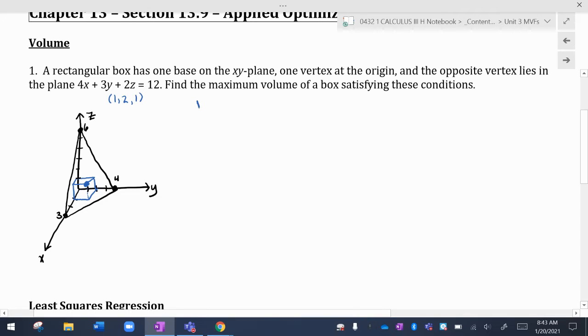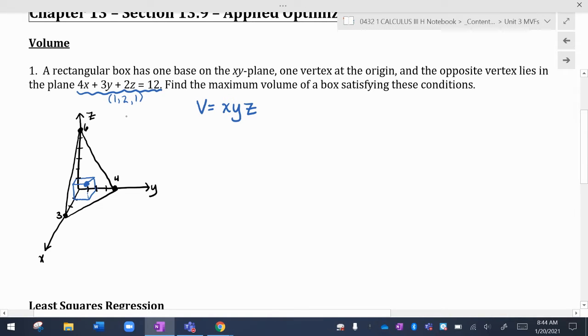If I want to maximize volume, the volume of that box is x times y times z. And I want to know when I have relative or absolute extrema. Here's the thing: I've got too many variables right now. I can reduce the number of variables because x, y, and z can't be whatever they want.